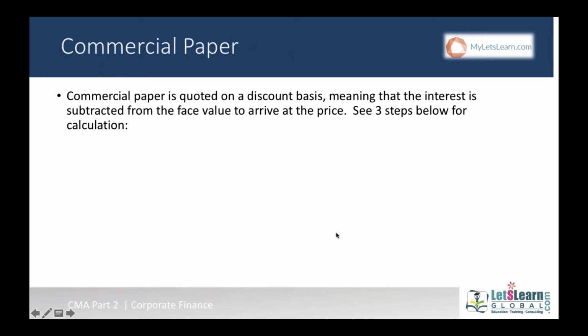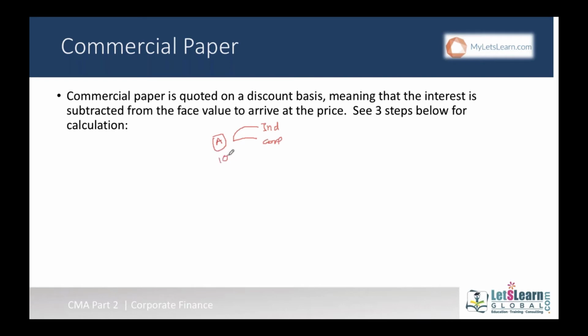Commercial paper. Commercial paper is a promissory note issued to raise a loan for a short period. Commercial paper is issued by corporates to other corporates or to individuals. Company A is issuing commercial paper.